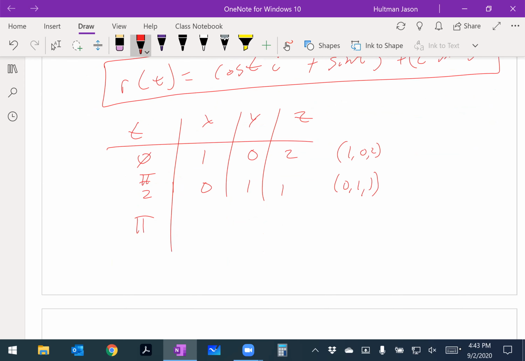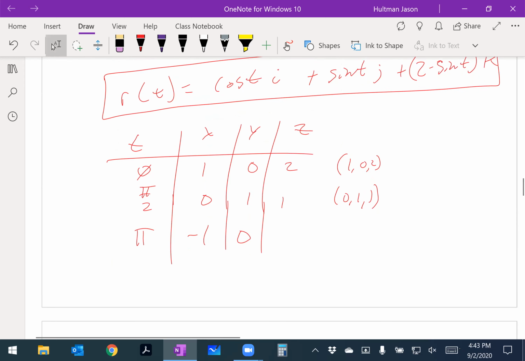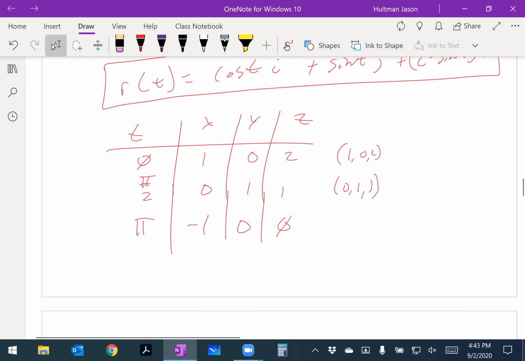Okay, what about pi? At pi, where are we at? Well, you'd have -1, 0, and 2. Yeah, -1, 0, 2. Very good. Okay, what about 3 pi over 2? 0, -1, and 3, right?